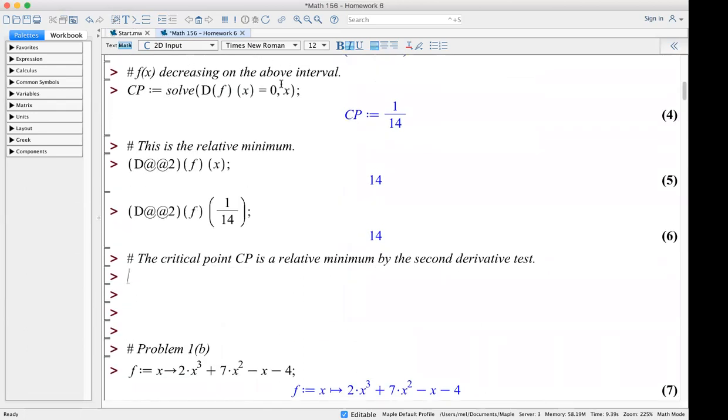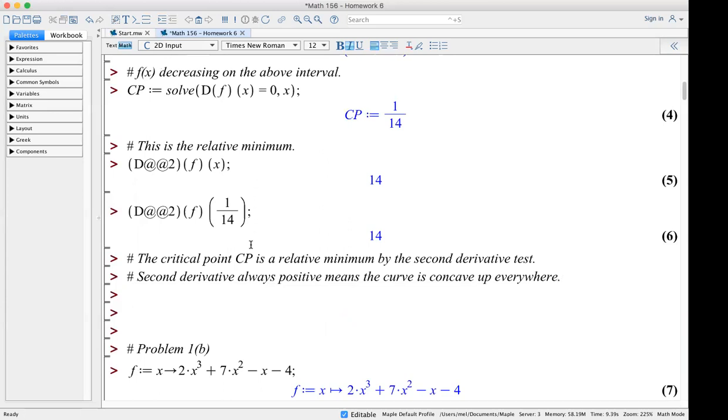Also, the second derivative is positive everywhere. Second derivative always positive means the function, the graph, the curve is concave up everywhere.